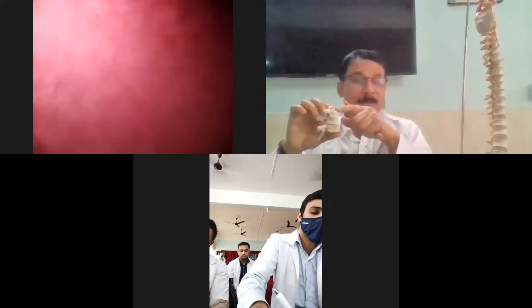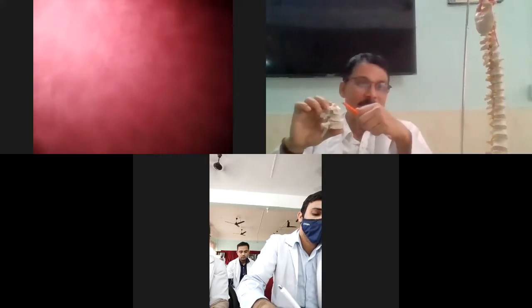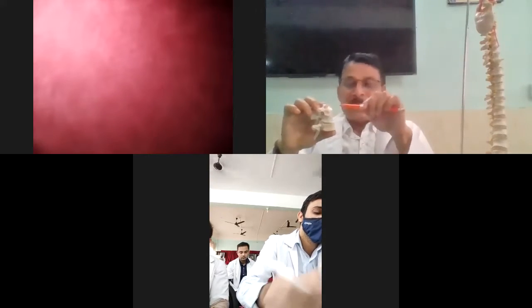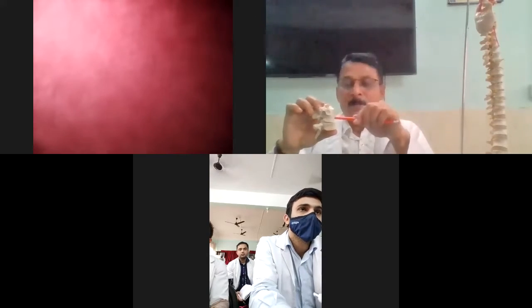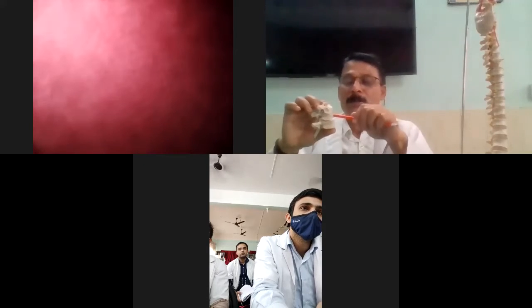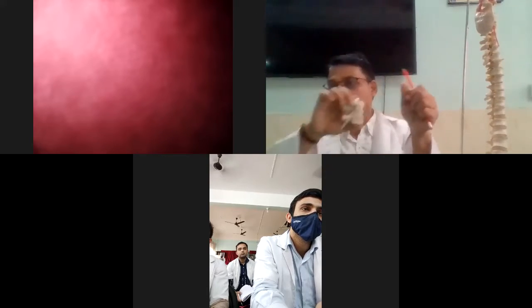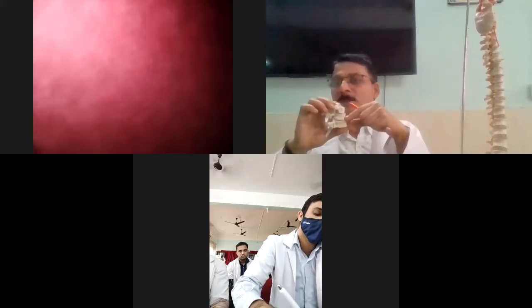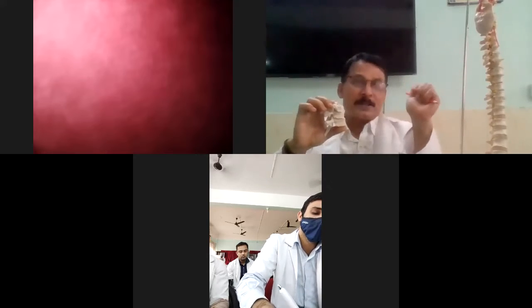What are the things that may happen in compression fractures? Then again, I have said if the compression is more than 50% of the body, that can be calculated with the help of the adjacent vertebra. The adjacent vertebra is this, and it is coming down. So more than 50% compression is dangerous.